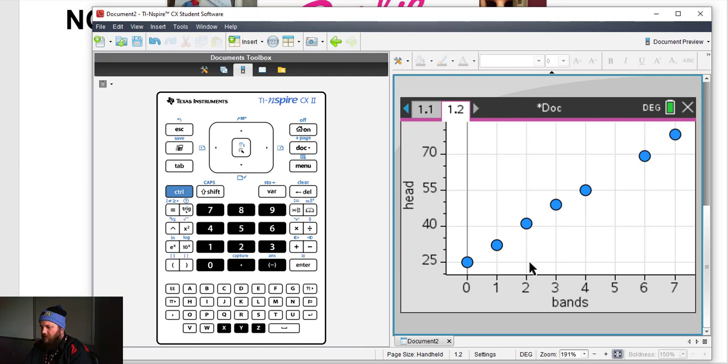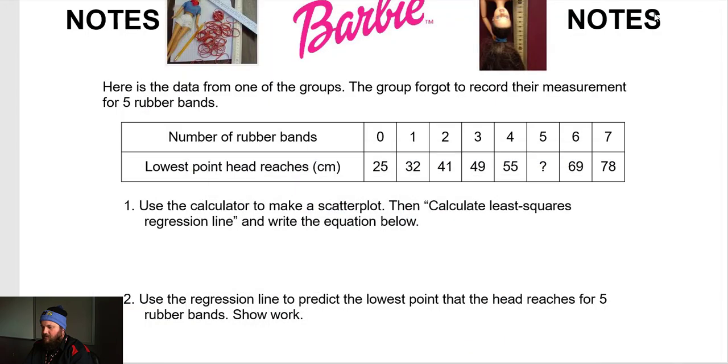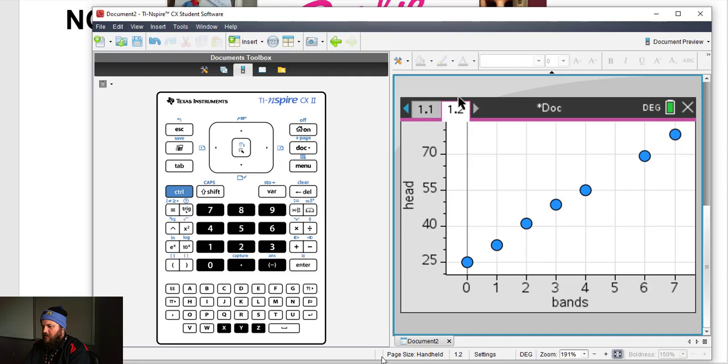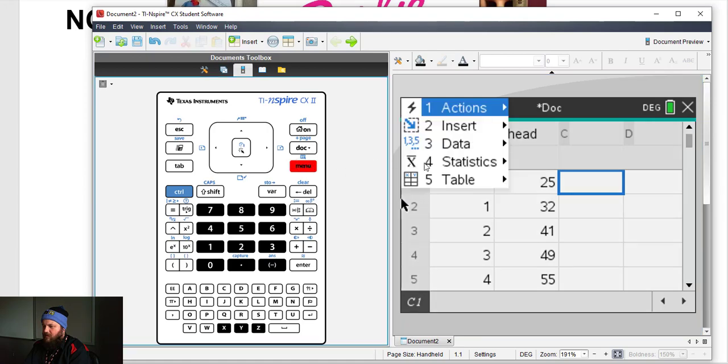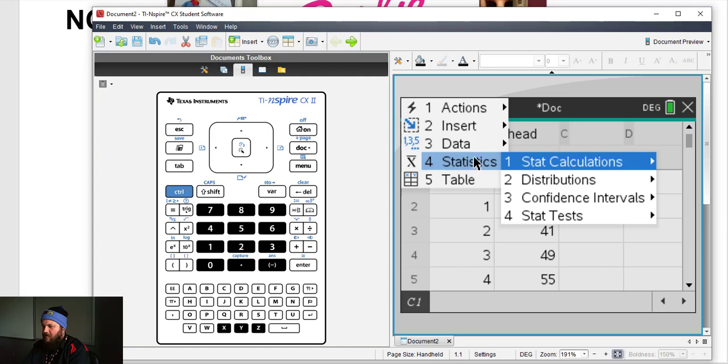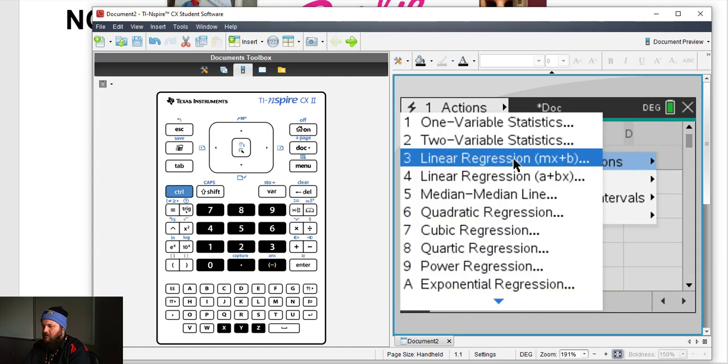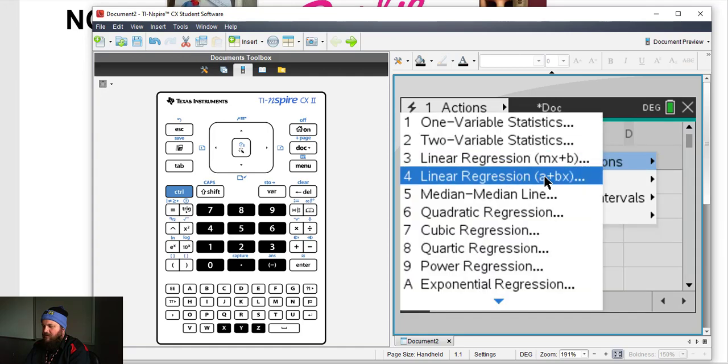Now, what it really wanted us to do next is calculate the least squares regression line and write the equation. So to get the equation, the calculator should help us out too with this. You can simply hit menu, 4 for statistics, stat calculations, and then you want to do a linear regression A plus BX.